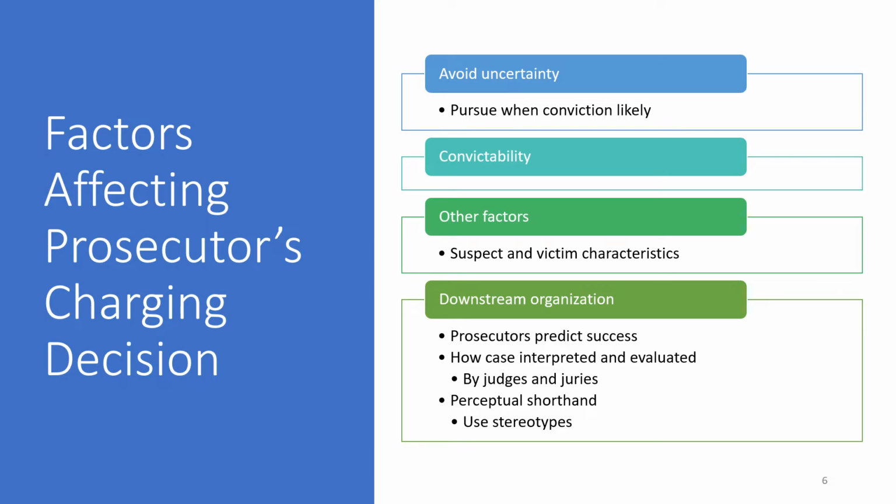Other times they're going to look at downstream organizations. What's the likelihood of success? How is the case going to be evaluated, not only by judges, but by the jury? What's the climate of the community? In a lot of jurisdictions recently, a lot of prosecutors' offices have stopped prosecuting possession of marijuana under 2 ounces simply because the communities don't want to deal with them.